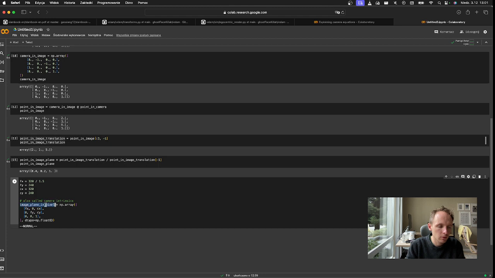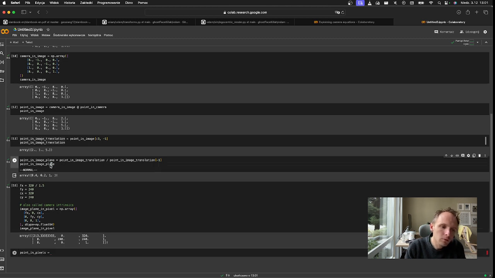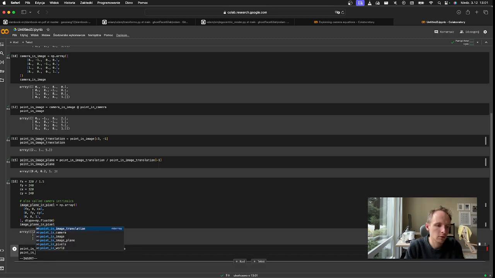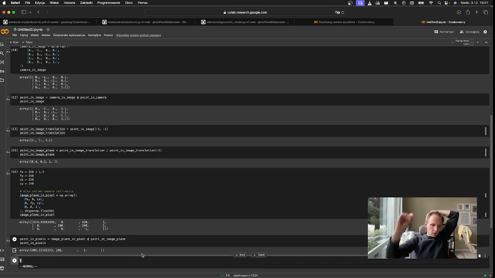Let's see. Oh, we dropped a bit. Okay, and then we can do point in pixels. All right, so our point in pixels is like 405, 288. And that's how you render, actually.